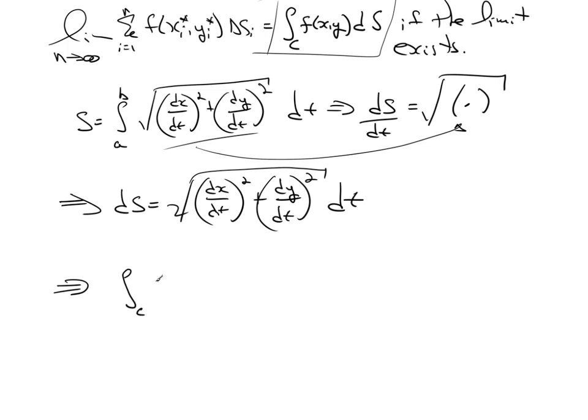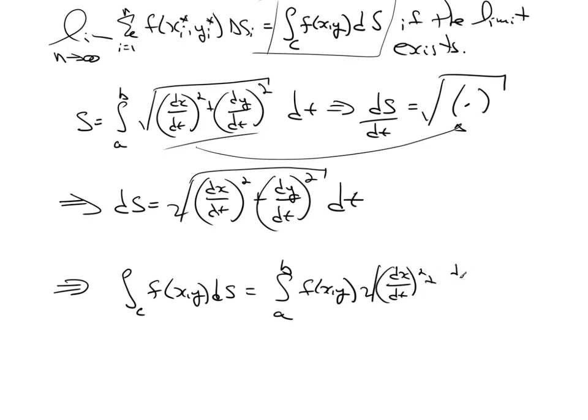So my line integral becomes, let's write this whole thing out, the integral over the curve of f of x, y ds is now equal to the integral from a to b, because a to b reflects the domain of t, of f of x, y times the square root of (dx/dt) squared plus (dy/dt) squared dt, which I could also write in a slightly more compact form.